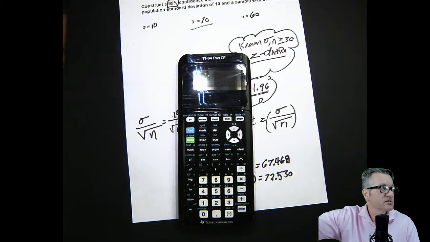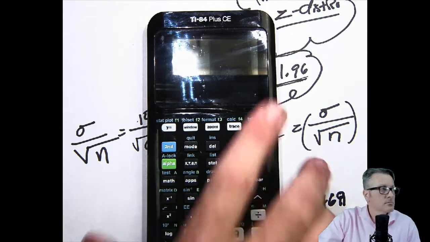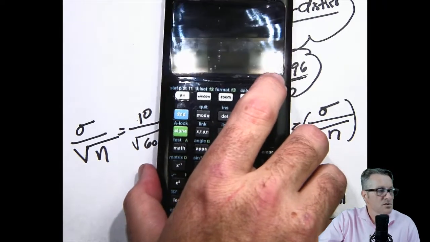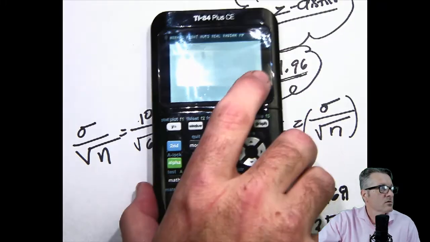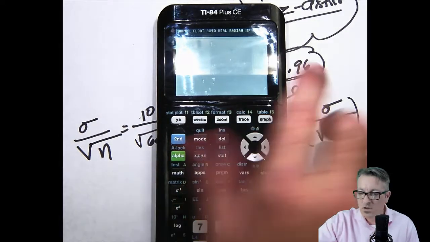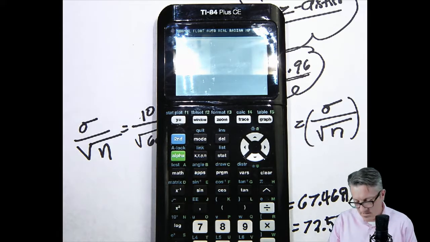I'll zoom in for this. So on the calculator, we're going to do this. I'll turn off the light so it's easier to see.